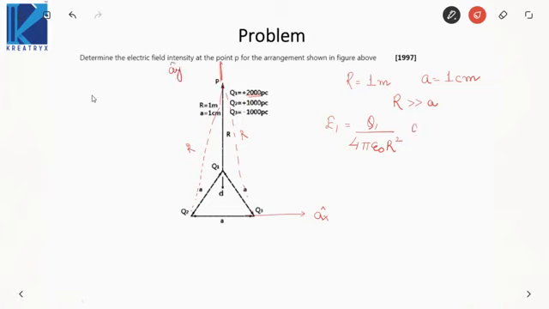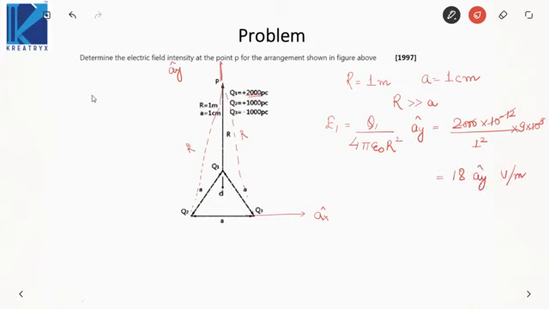So its electric field will be in the direction AY cap. Now if you substitute the value, 2000 into 10 to the power minus 12 by R square, that is 1 square, and 1 by 4 pi epsilon naught is 9 into 10 to the power 9. So it will be 18 AY cap volt per meter.